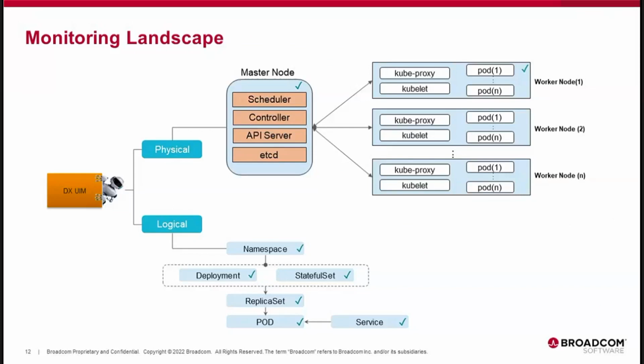And from a logical entities perspective, we monitor the namespace, the deployment, stateful sets, replica sets, and then the services, right? So this is a very high level overview of what will be available in the first release of the Kubernetes monitoring solution from UIM.